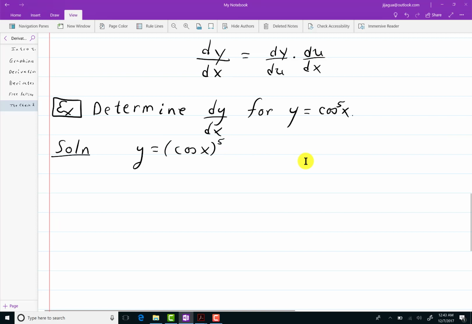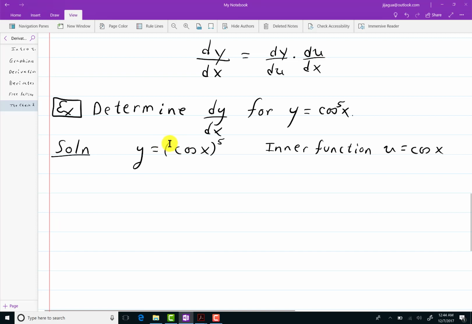Anyways, here's the way it works. Consider your inner function. That would be this guy in here, cosine of x. u equals cosine of x.